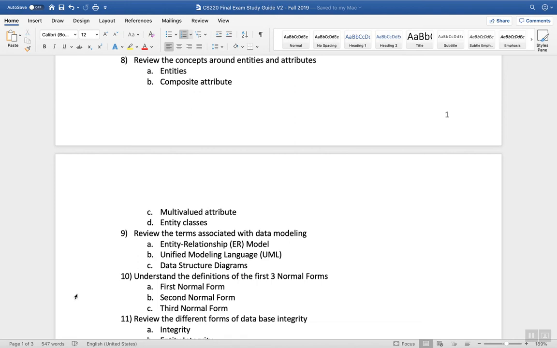So you can have multiple values associated with the same field, and then different types of entity classes. So say, for example, if you have a toy, you have an entity class of toy, and you have different types of toys. This goes back to this concept of object-oriented, where you create something that's abstract and use the abstraction as a basis to do other, more specific implementations.